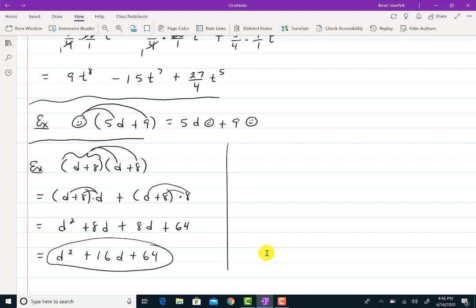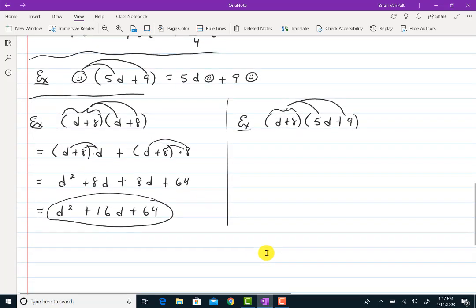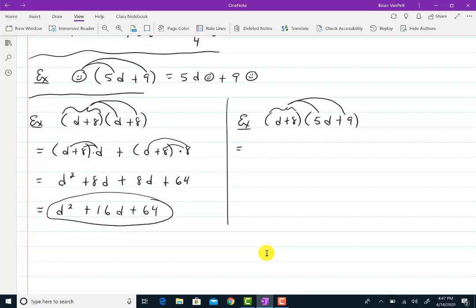Let me do it again. Suppose I were to do d plus 8 times 5d plus 9. Once again, I take this whole chunk and multiply it to each piece of the second. And so I get d plus 8 times 5d plus d plus 8 times 9.